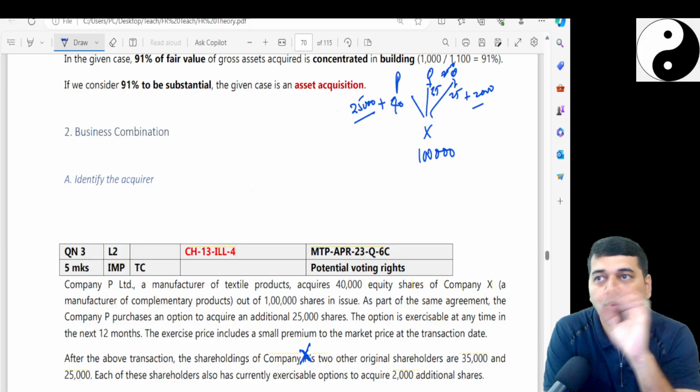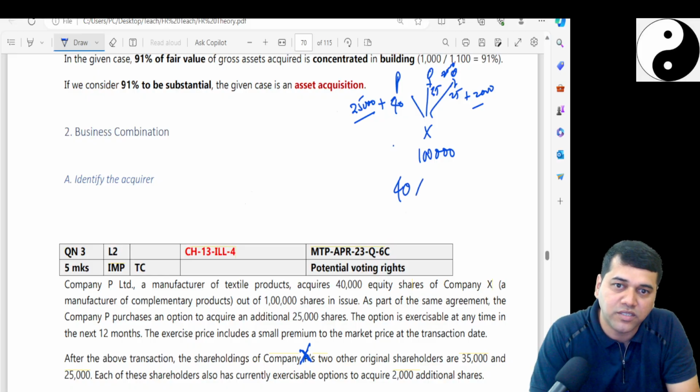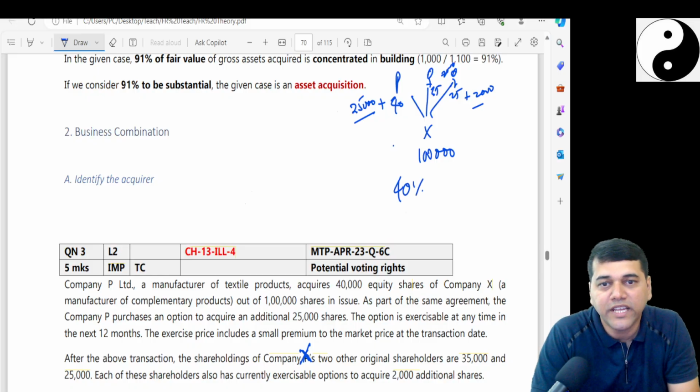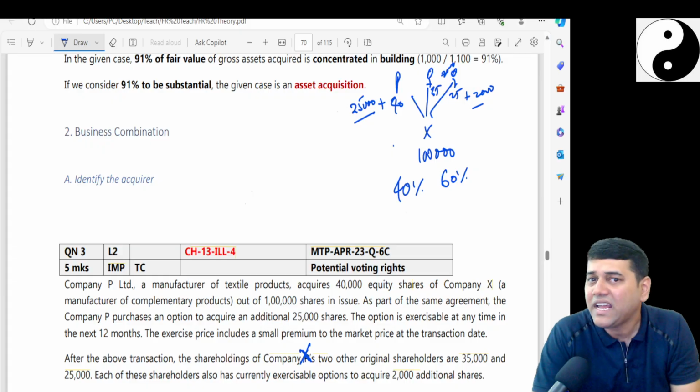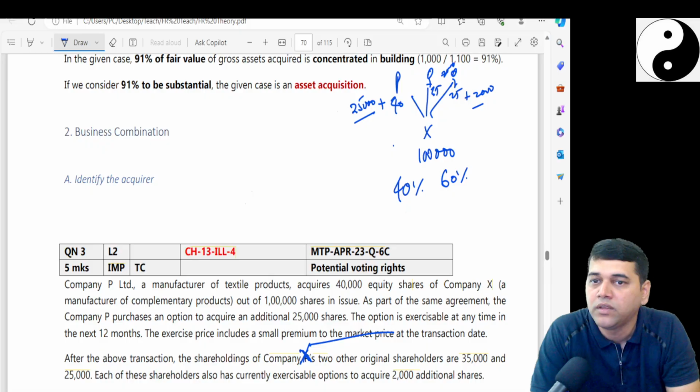P will control. Why? Because without this option, your stake is 40%, their stake is 60%. You can't control. But the day the other 2 people start playing, P will exercise the option because it is commercially viable. What is my stake in that case? It is 40 plus 25.